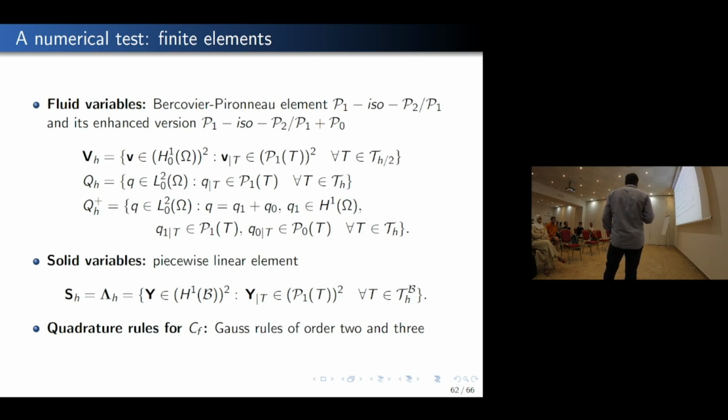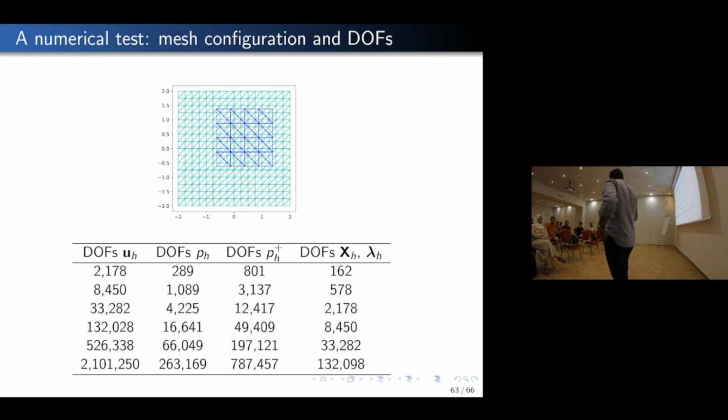Quadrature rules for the interface matrix: we use Gauss rules of order 2 and 3. In particular, we will see that when we don't compute the mesh intersection, if we increase the order of the quadrature, the method doesn't work well. So this is the mesh configuration and degrees of freedom of the sequence of tests.